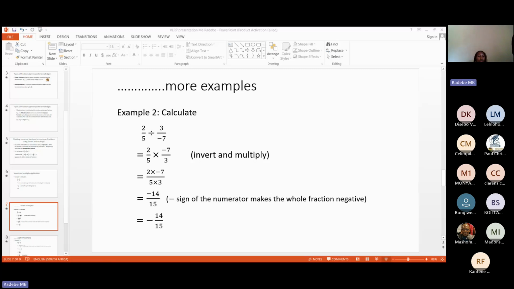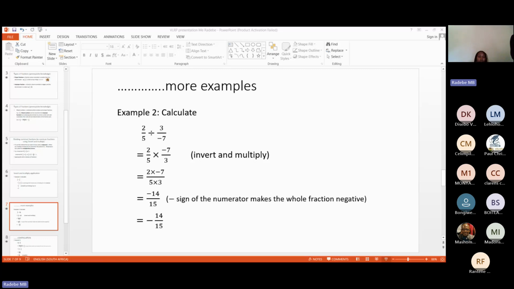So here we also need to remember how to multiply integers. A negative multiplied by a positive will end up with -14. And in the denominator, we have 5 multiplied by 3. Both are positive, so we end up with +15. Now, the numerator in this case, because it is negative, will affect the whole fraction. Learners, we must also remember that a fraction is a number.